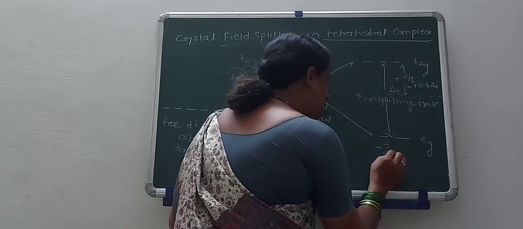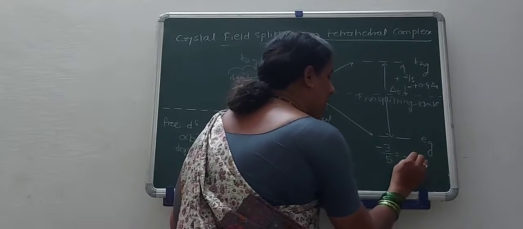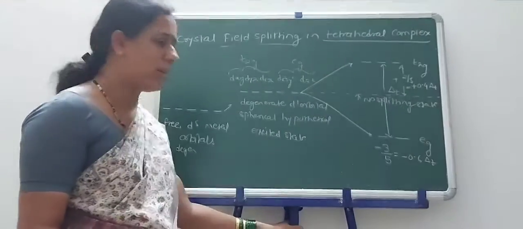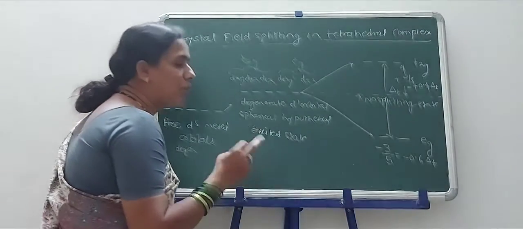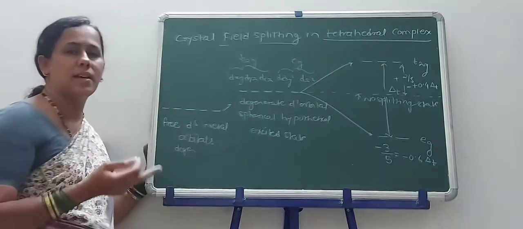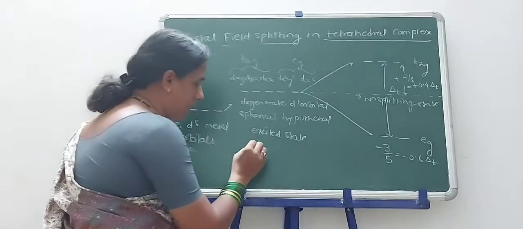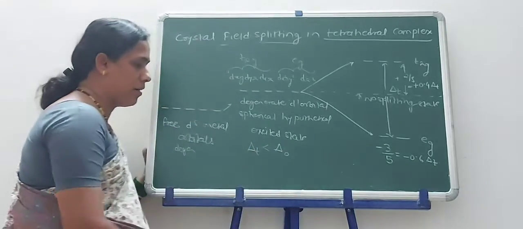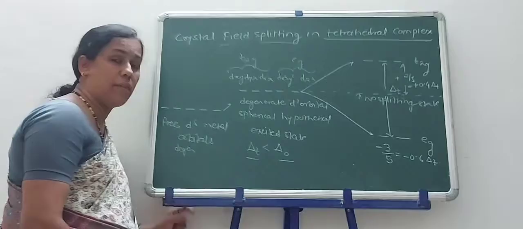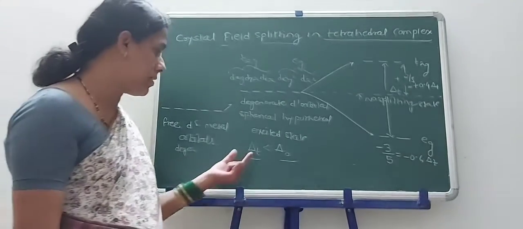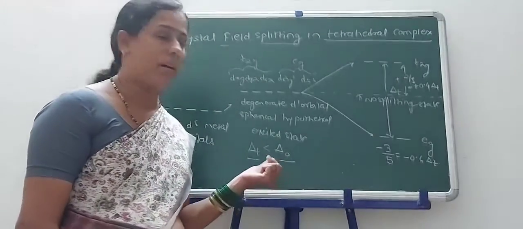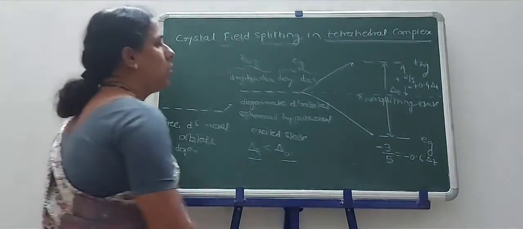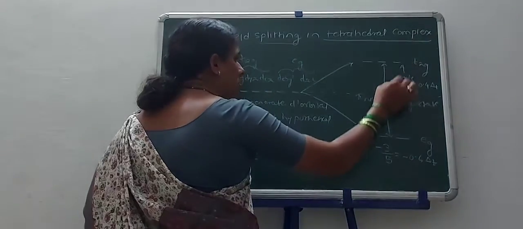Therefore minus 3 by 5, that is equal to minus 0.6 delta T. But always remember that the energy for tetrahedral is less than that of octahedral, because the number of ligands approaching the central metal ion is 4 in tetrahedral and 6 in octahedral.